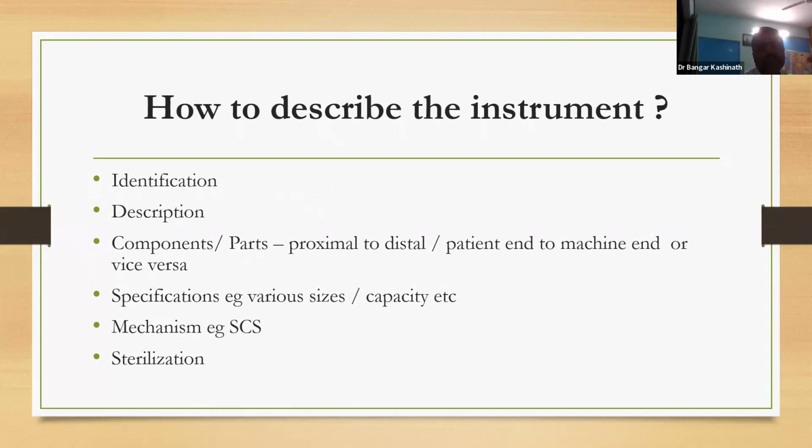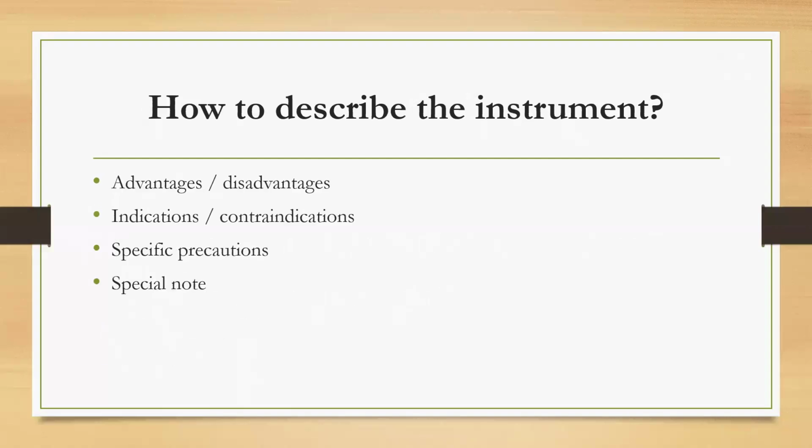Specifications of that instrument, various sizes, capacities, mechanism, if at all present, sterilization, advantages, disadvantages, indications, contraindications, specific precautions, and special notes. So we'll try and see a few of the instruments. I'll try to show you a few pictures.